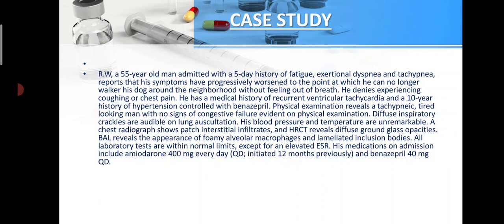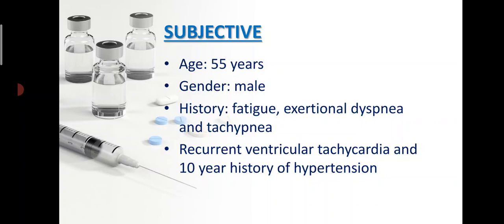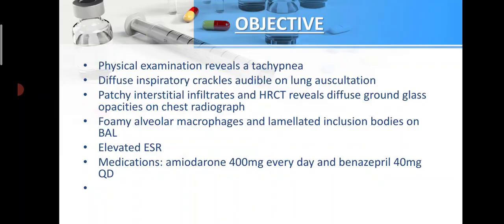His medications on admission include amiodarone 400 mg every day, initiated 12 months ago, and benazepril 40 mg every day. SOAP notes. Subjective: age 55 years, gender male, history of fatigue, exertional dyspnea and tachypnea, recurrent ventricular tachycardia and 10-year history of hypertension.